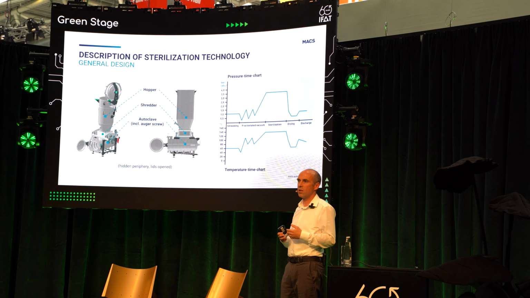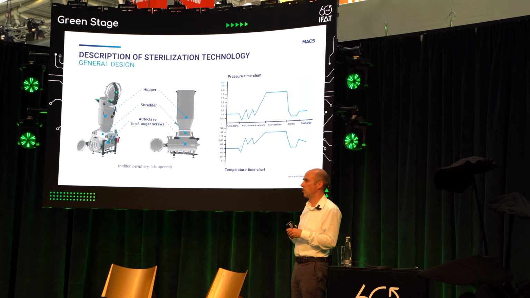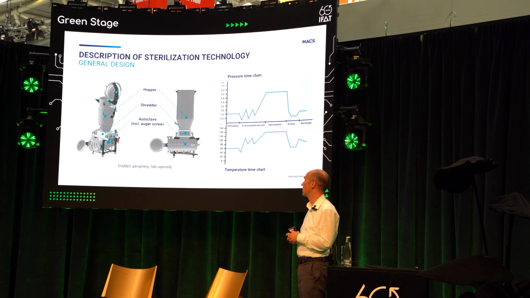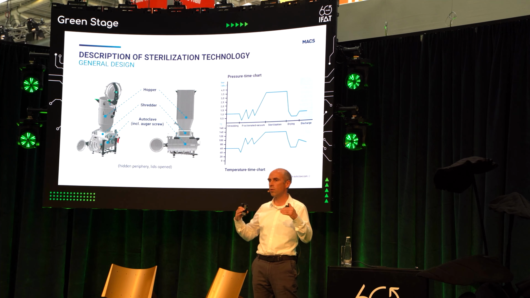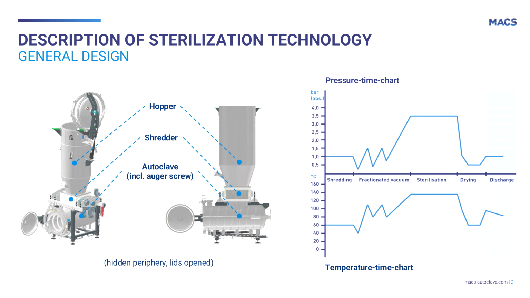Then we are starting the so-called fractionated vacuum. This means exactly what I told you before. We are sucking the air out, adding steam, and we are doing this a couple of times so that no initial air remains inside the machine. Then we have to hold temperature and pressure for a certain time. This is where the actual sterilization takes place.